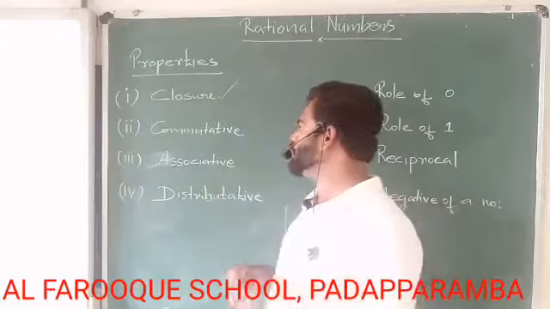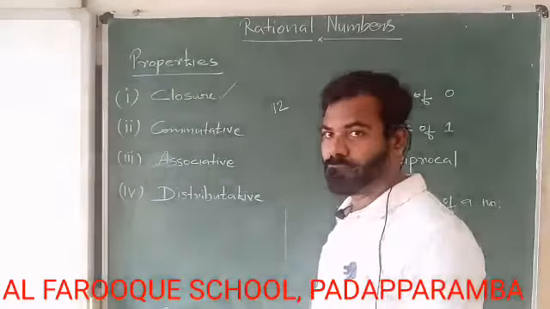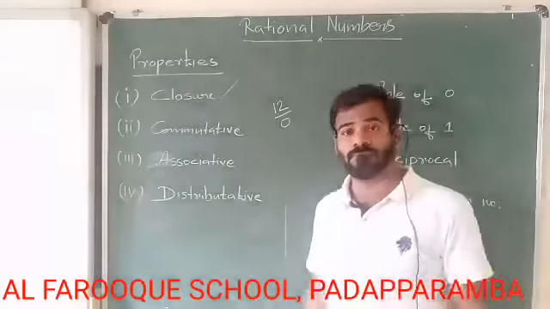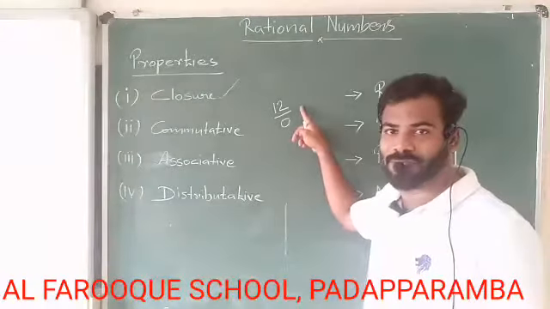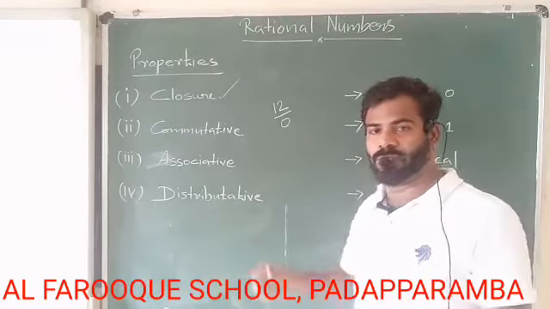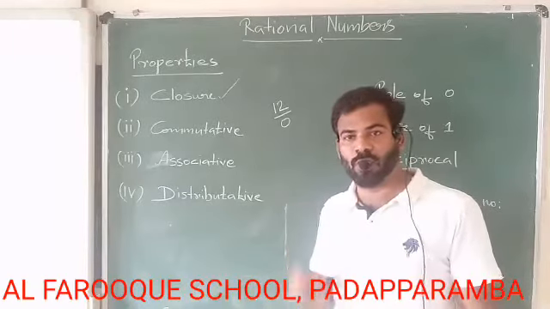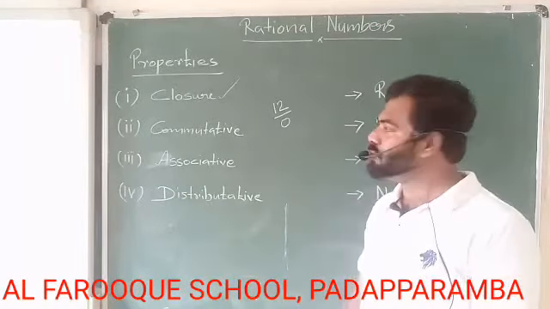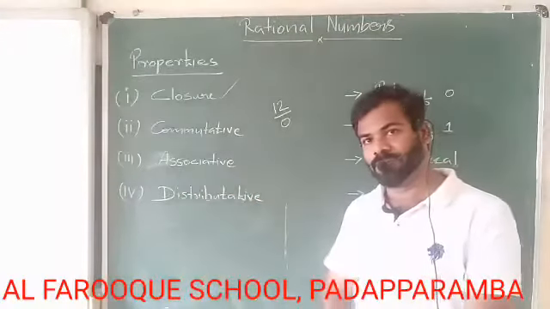Look at the board. 12, a rational number. We are going to divide 12 by 0. What is the answer? Its answer is not defined, or that answer does not belong to the rational numbers. So rational numbers are not closed under division. These are in the case of closure property.